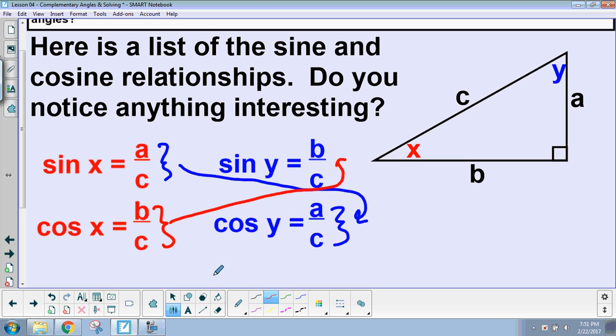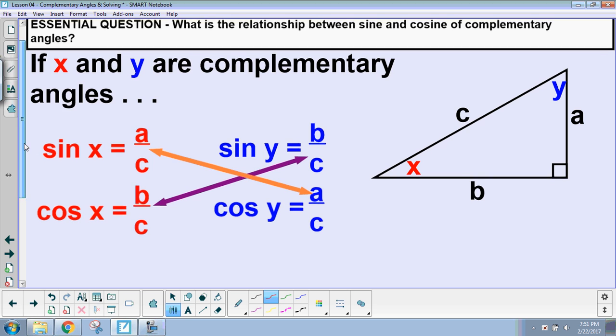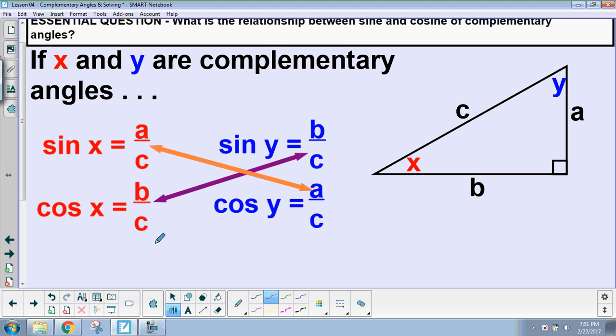Okay? So if x and y are complementary angles, then sine x is going to equal cosine y. You know, we'll get into it later. But that's just a relationship I want you to notice. And it's true because we just discovered they're using the same side ratios.